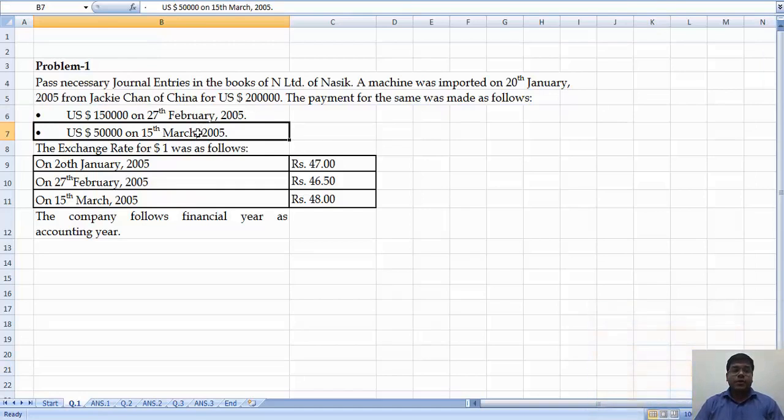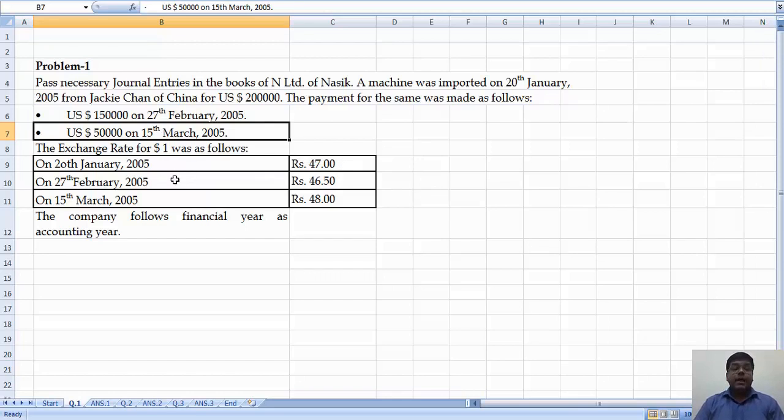March 2005. The exchange rate for $1 was as follows. When we imported on 28 January 2005, the rate was rupees 47.